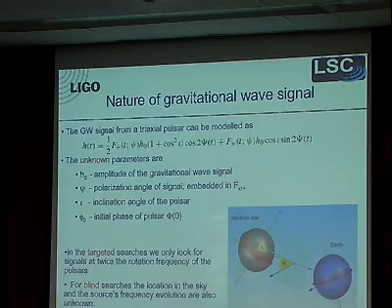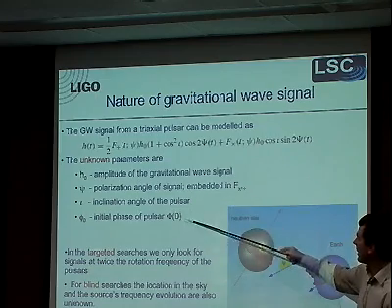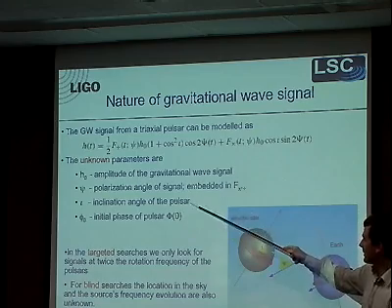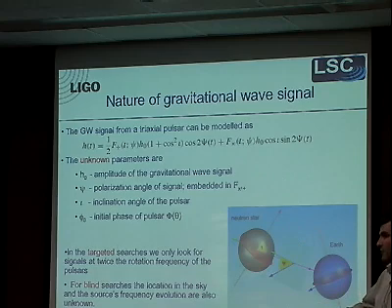Iota is the inclination angle of the neutron star with regard to the line of sight. So in targeted searches, we only look at twice the frequency of the pulsar, but for blind searches, these are the unknown parameters in the signal: the amplitude, polarization angle, inclination angle, and the initial phase of the pulsar. For blind searches, we also have the frequency of the pulsar, the spin down of the pulsar, the frequency derivatives, and also the location as unknowns.